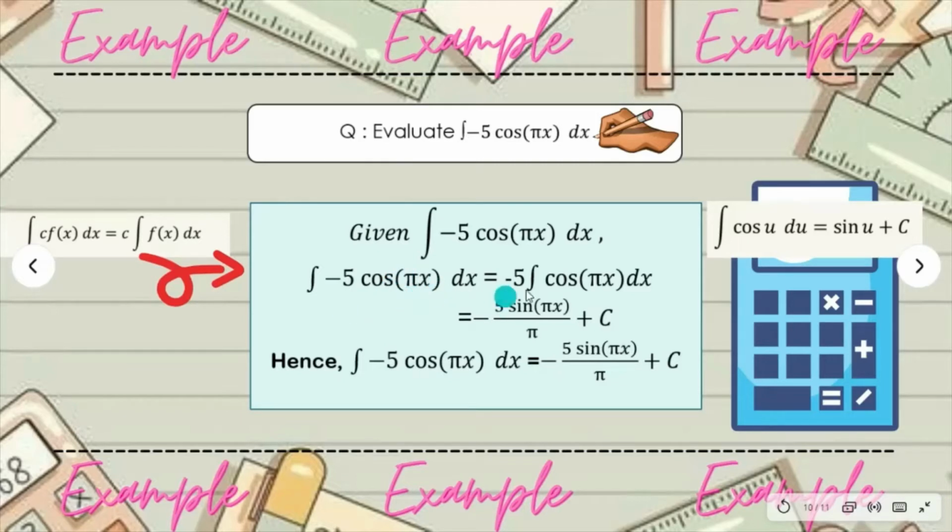First we separate negative 5, put it outside of the integral, and we integrate cos pi x with respect to x. We will get sin pi x over pi plus C, and we just multiply by negative 5. The integral of negative 5 cos pi x with respect to x is equal to negative 5 sin pi x over pi plus C.